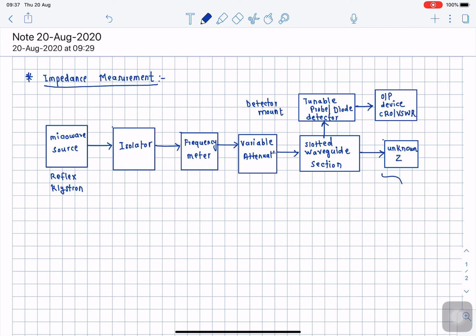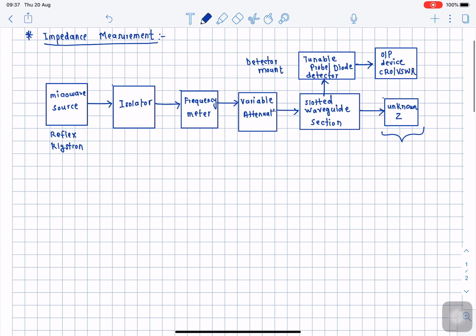Now this is the impedance which we want to measure. So here I will write impedance to be measured. And please remember that this impedance is complex in nature. So if you recall the measurement procedure of the VSWR, the arrangement of the devices that we saw in that setup, the same type of arrangement is made over here.